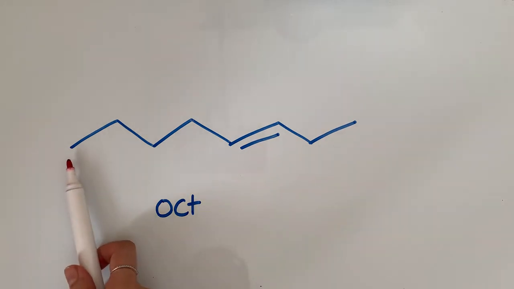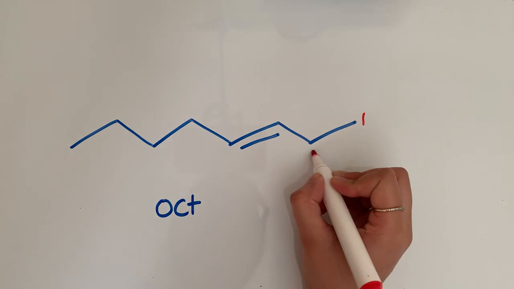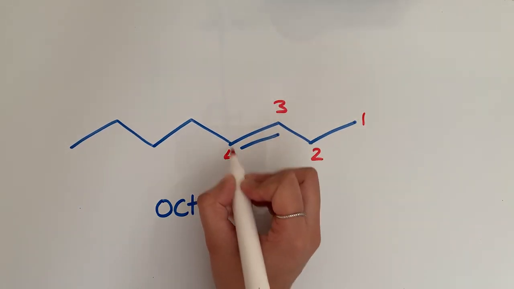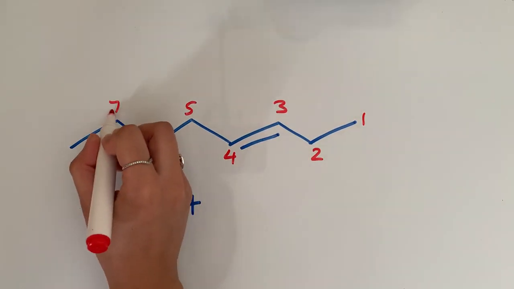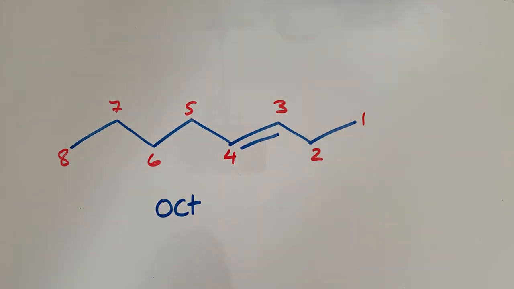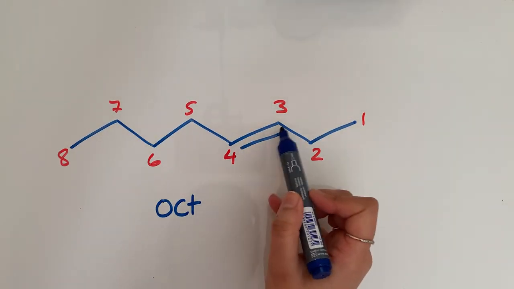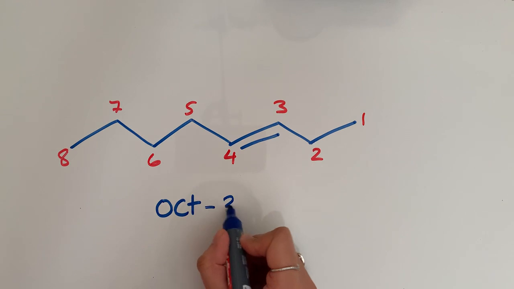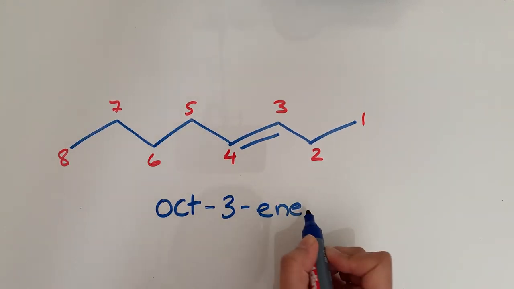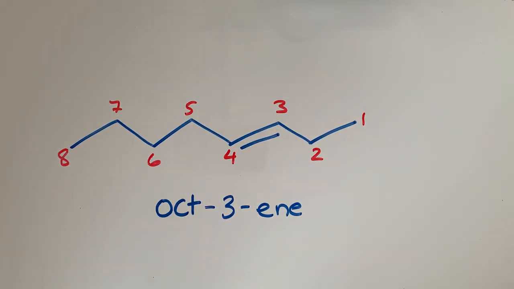If I start from the other side, the double bond is going to be on a larger number. So if I start numbering from here, 1, 2, 3, 4, 5, 6, 7, 8, the double bond falls between 3 and 4. So this is called oct-3-ene, like so.